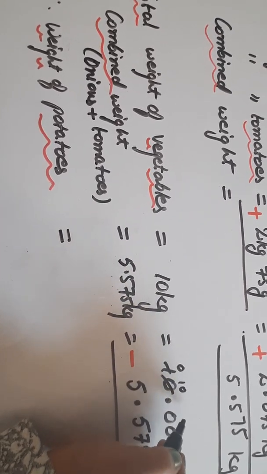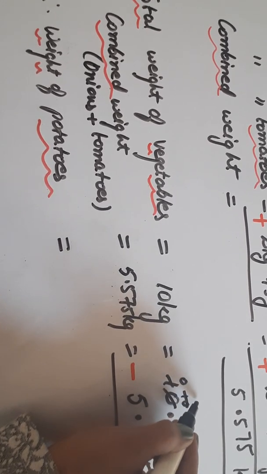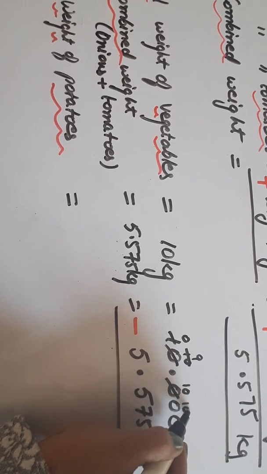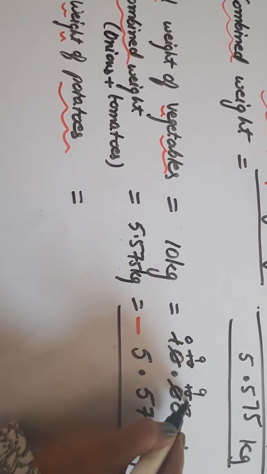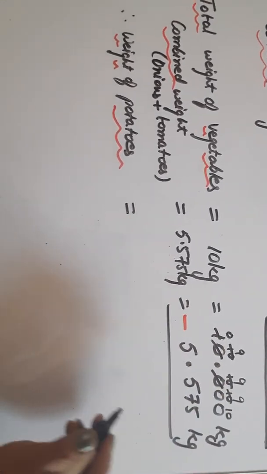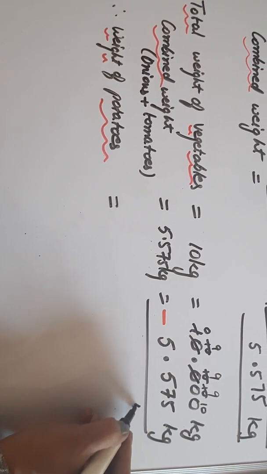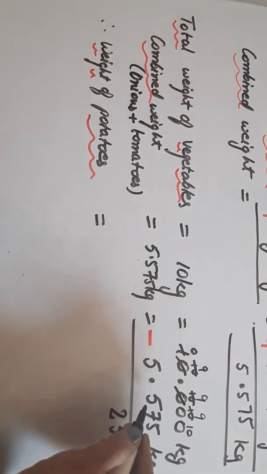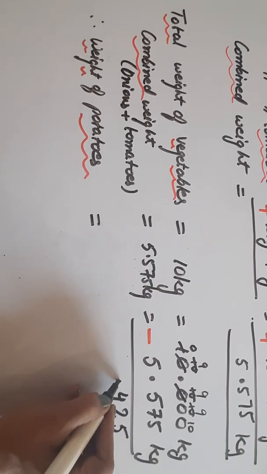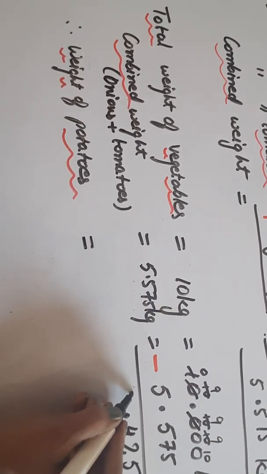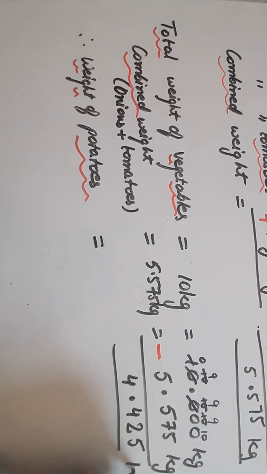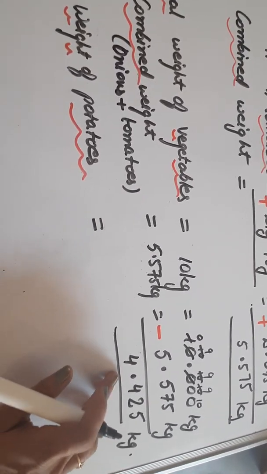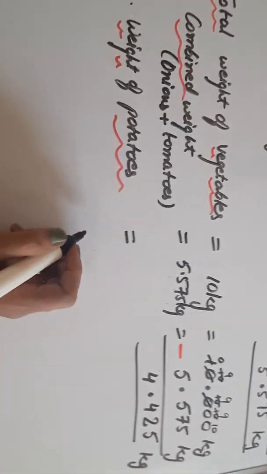This 10 will give 1 carry to this, it will become 10, it will remain 9. Then this will become 10 and 9, and this will become 10. So 10 minus 5 is 5, 9 minus 7 is 2, 9 minus 5 is 4, 0.9 minus 5 is 4. Means the total weight of potatoes will be 4 kilograms, 425 grams.